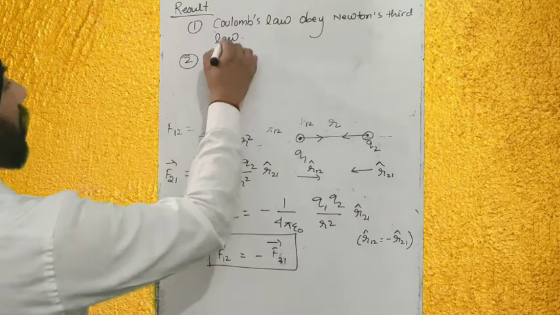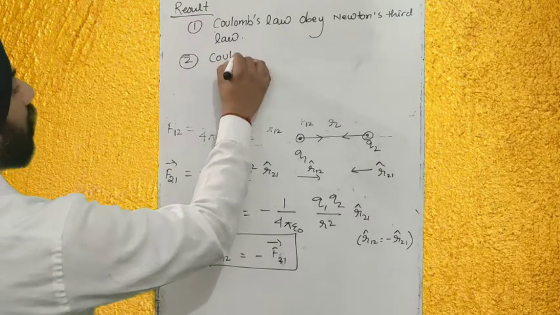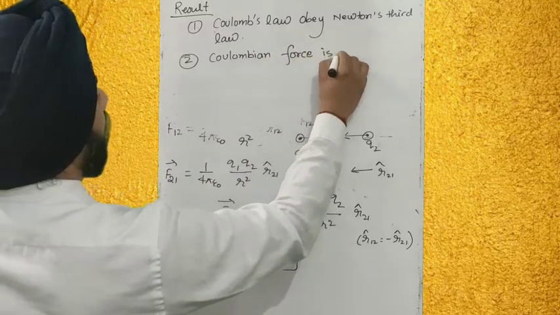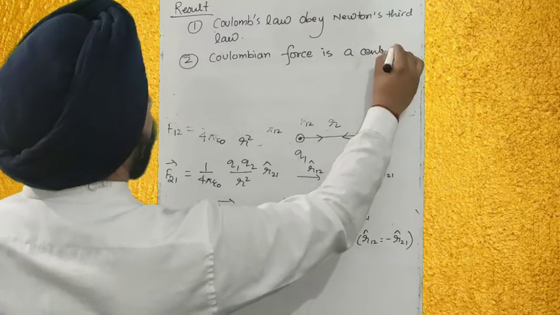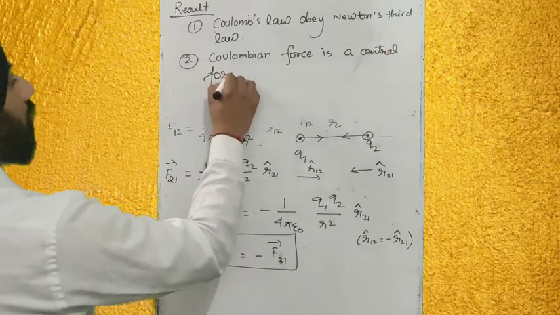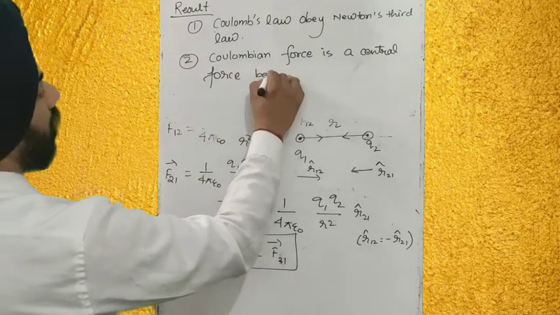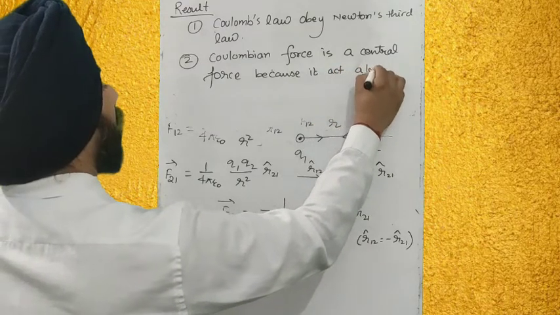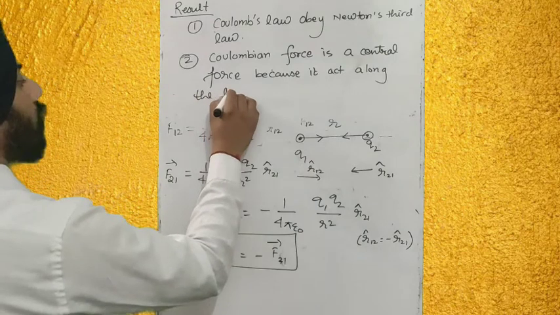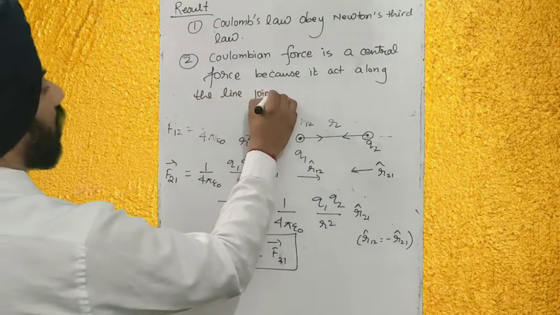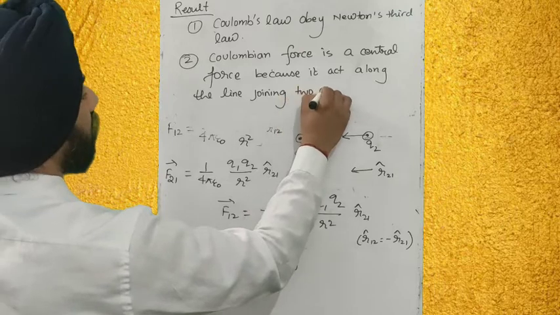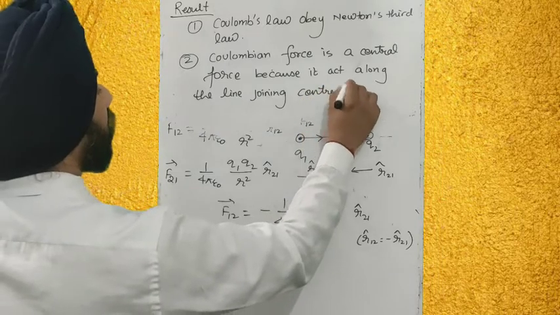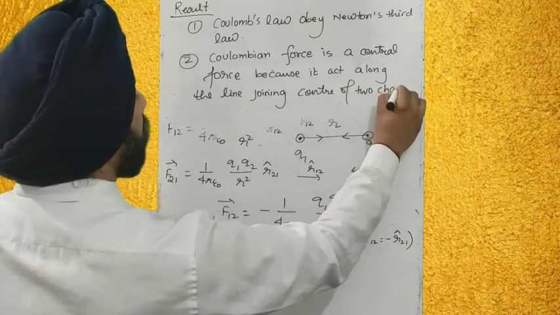So electrostatic force, or Coulombian force, is a central force because it acts along the line joining the centers of two charges.